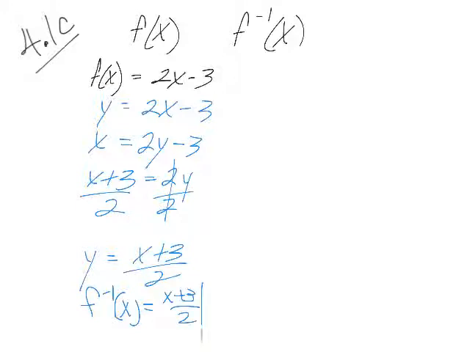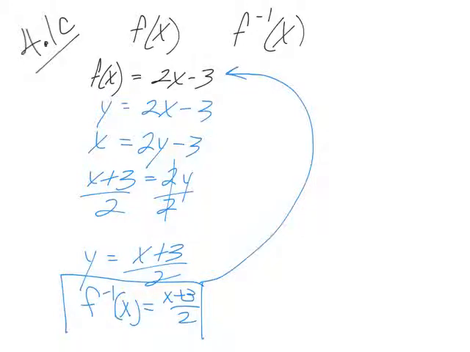And we're done. That right there is the inverse of that. So if you reflected it across the line y equals x, that's what you would get. You would get this equation that we ended up with right here.